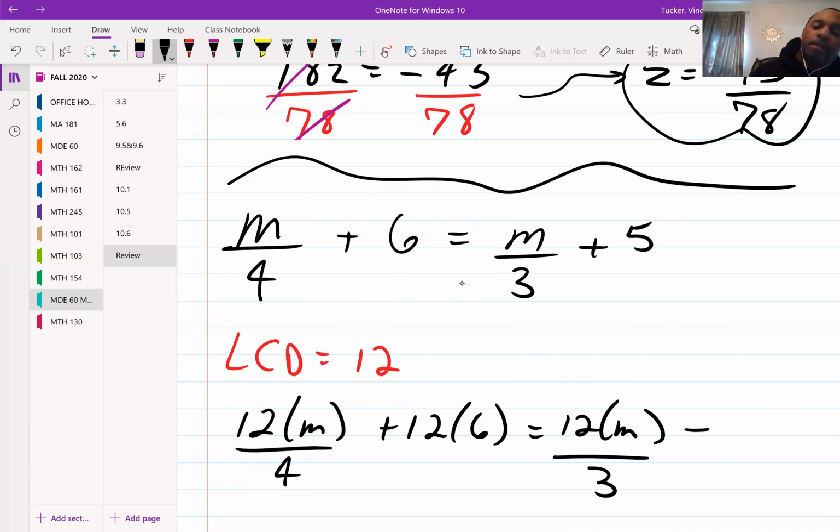Multiply the LCD to each numerator. All right, so now we can cancel. That 4 goes into 12, leaves you with 3. 3 goes into 12, leaves you with 4.